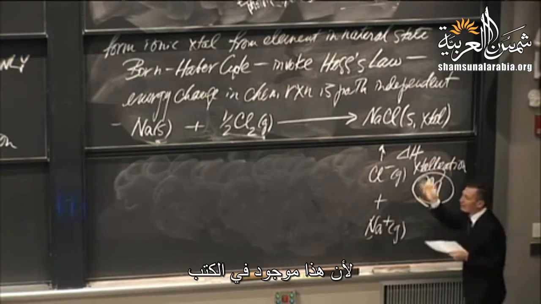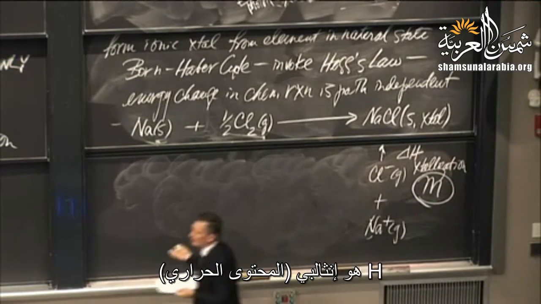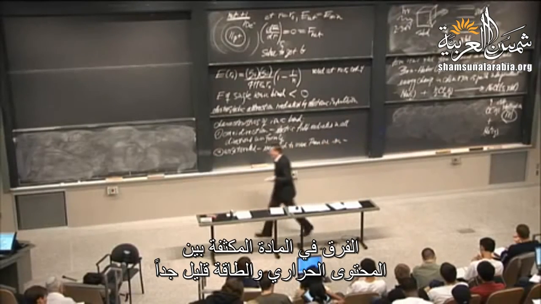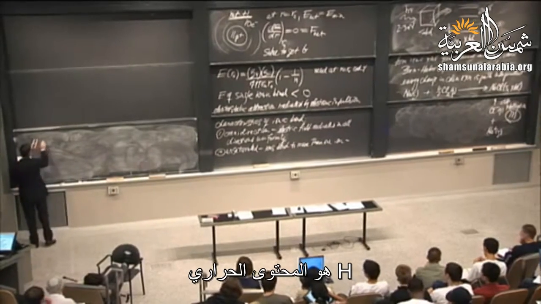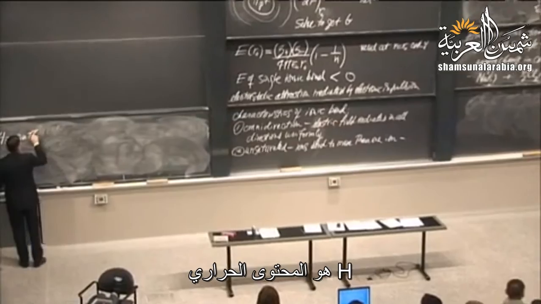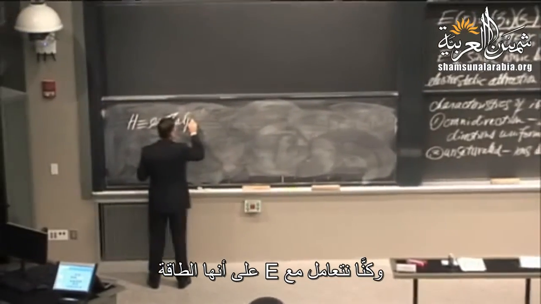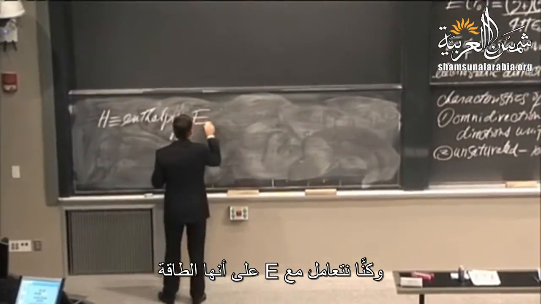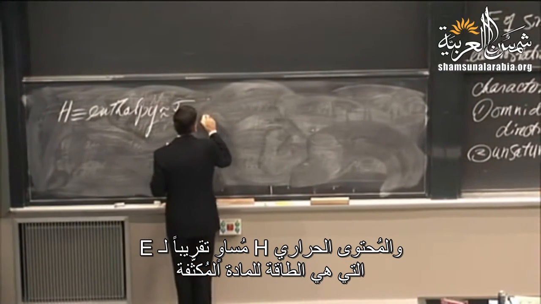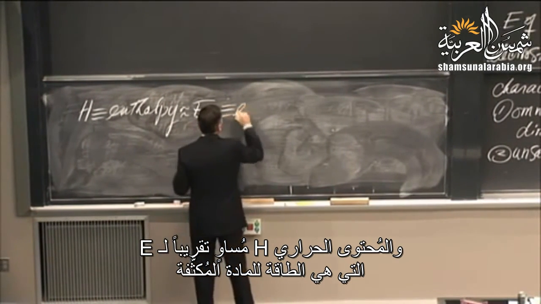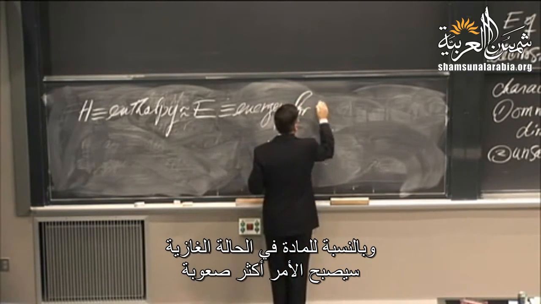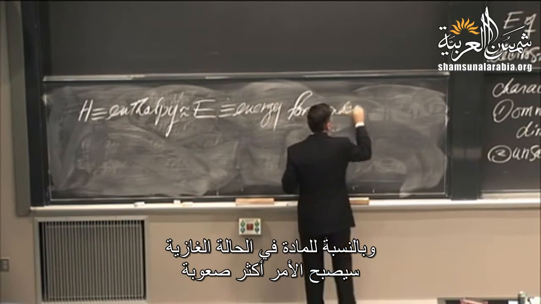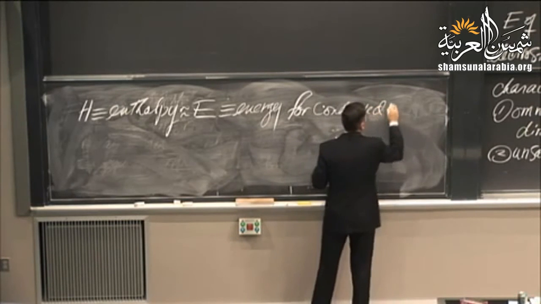And why am I using H? Because that's what the books use. H is enthalpy, and for condensed matter, the difference between enthalpy and energy doesn't amount to much. So H, just for the record, is enthalpy, and we've been operating with E as energy. It's almost equal to E for condensed matter. For the gas phase, it gets hairy, but for condensed matter it's close.